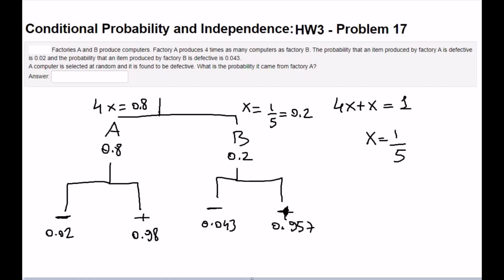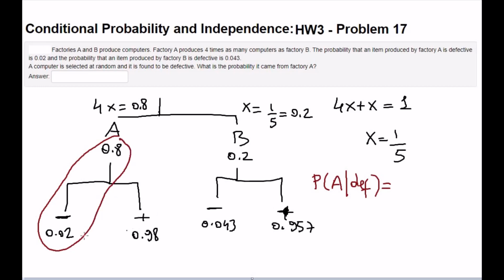Now what we are calculating is the probability that the computer is produced in factory A, knowing that it is defective. So it is going to be 0.02 times 0.8, all over everything.